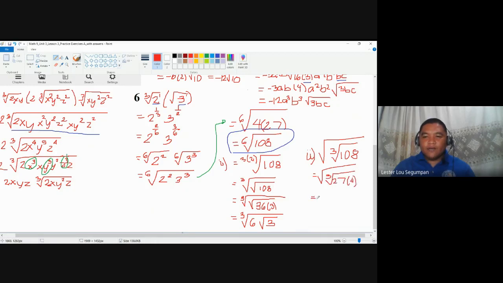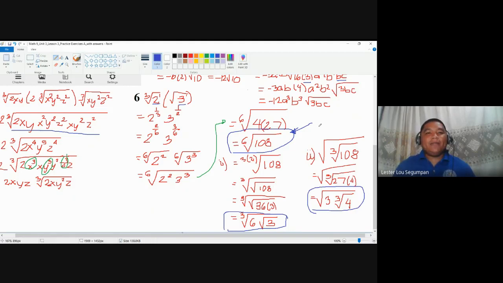So the second form is square root, cube root of 27 is 3, and then cube root of 4. So these are the two simplified forms. It looks more complicated, but it's still a simplified form of the final answer. But for your reference, I will accept this as your final answer, for this example only, for the multiplication of radicals.